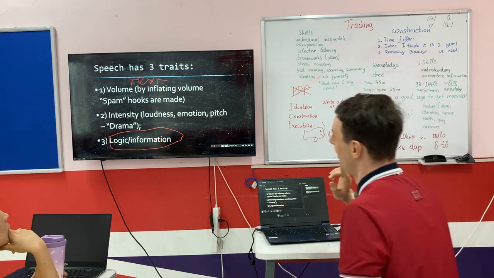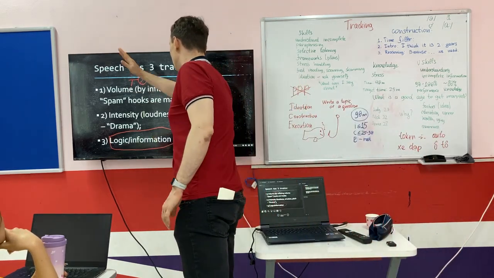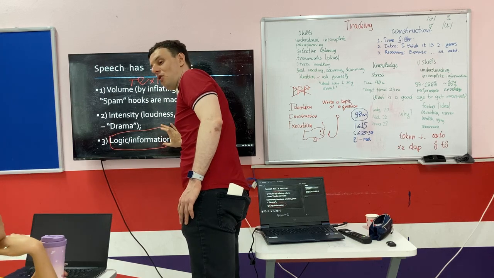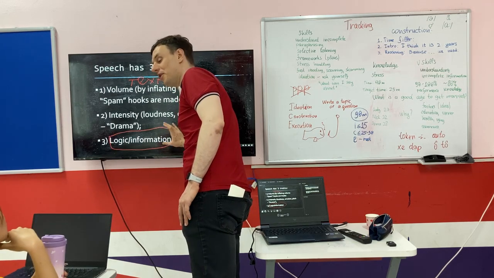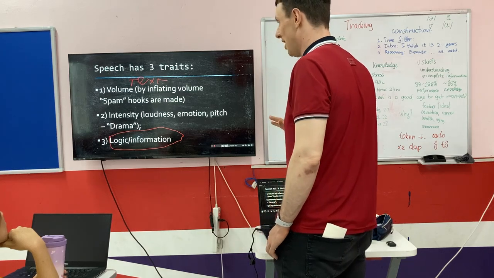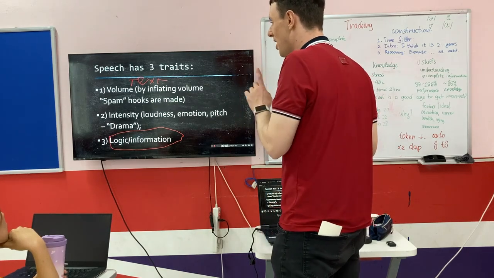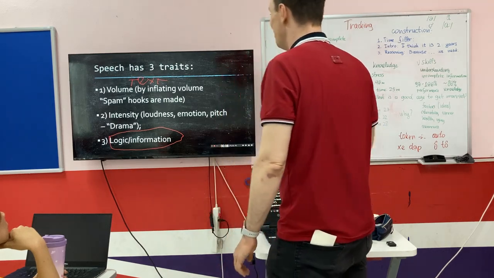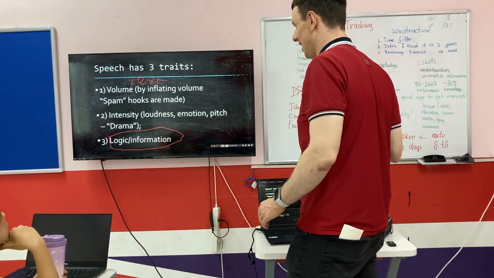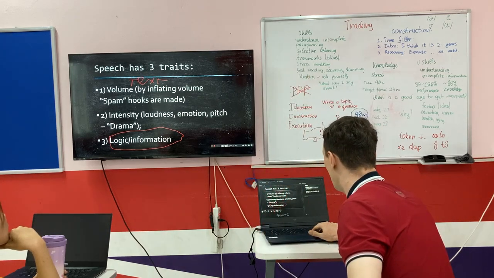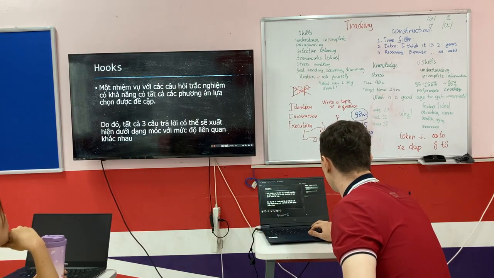Students must learn how to drop volume and intensity and focus on the logic and information, because this is what you really need to answer. Volume doesn't matter. They can talk about the bus for 1 hour, and then it actually turns out to be a drop. Intensity doesn't matter. You need information, only information. So you show them how it is produced.